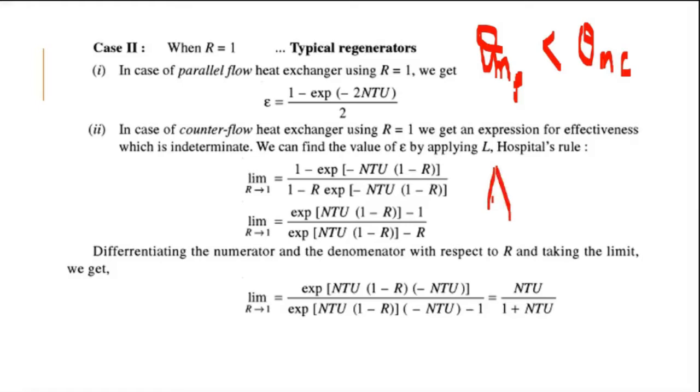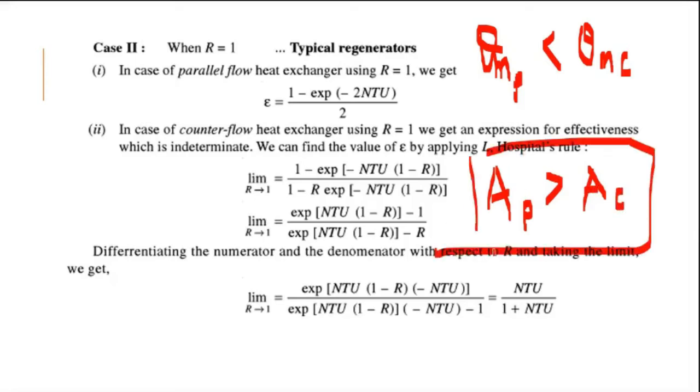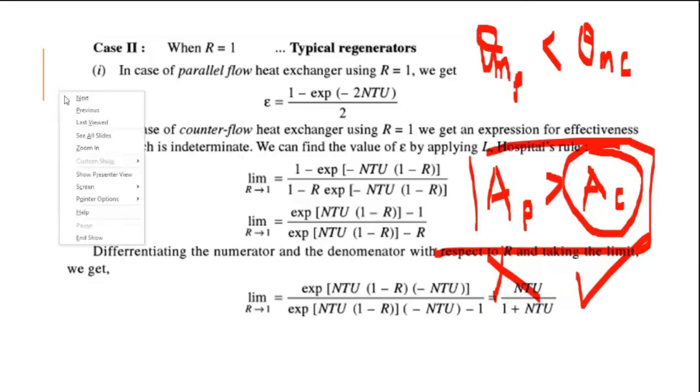Thus, the area requirement for a parallel flow heat exchanger for the same rate of heat transfer is always going to be greater than for a counter flow heat exchanger. So instead of using parallel flow, we are always going to use counter flow heat exchangers. These counter flow heat exchangers are more common and widely used. Any doubt in this part?